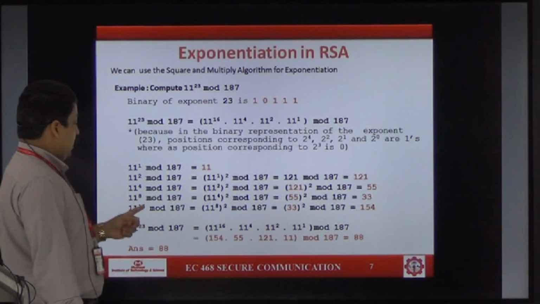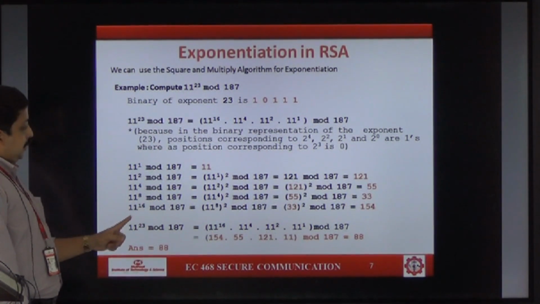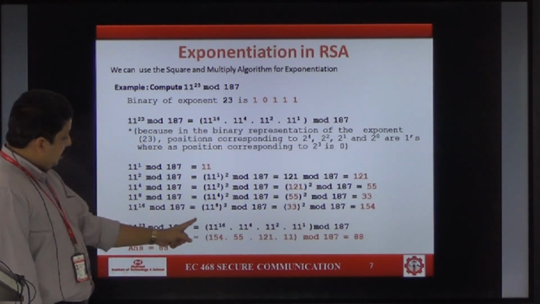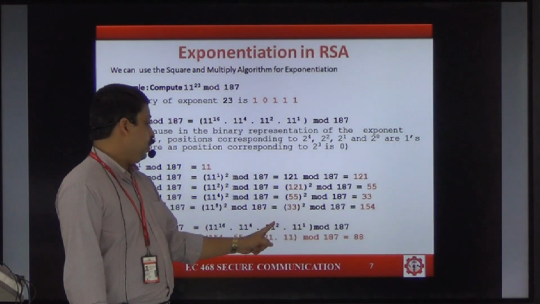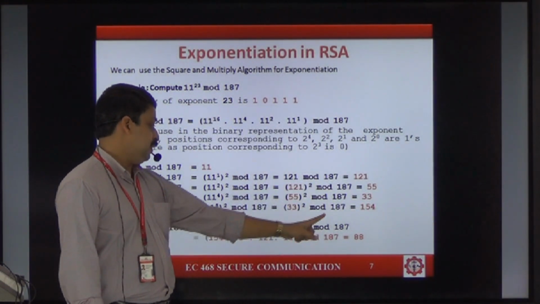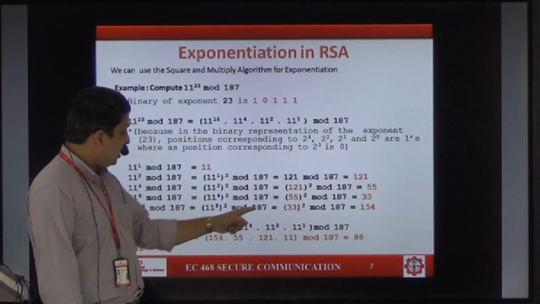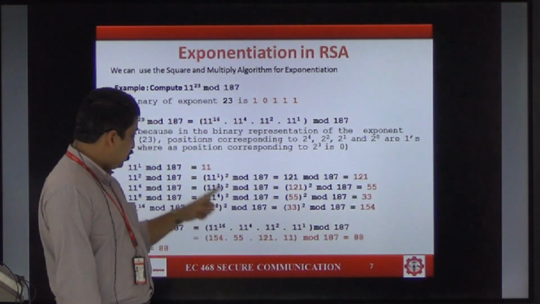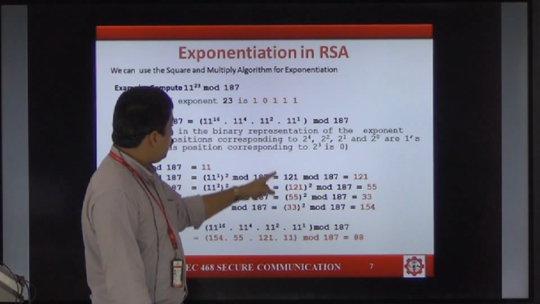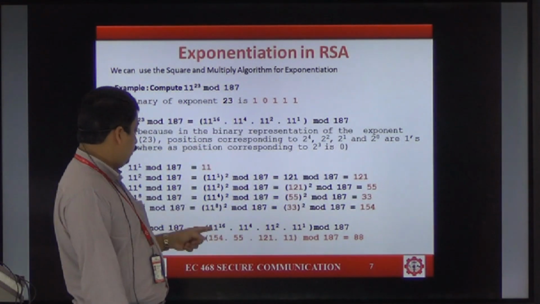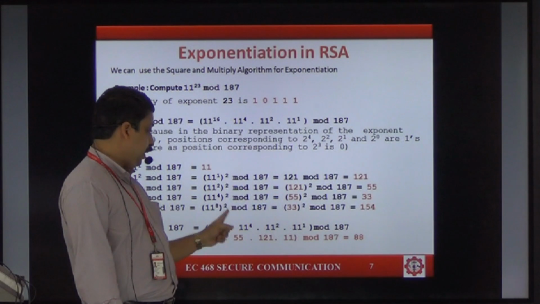So we need to find 11 to the power 23. That is basically 11 to the power 16 into 11 to the power 4 into 11 to the power 2 into 11 raised to 1 mod 187. The value we computed for the first is 154. Now the next term is 55. We are missing 33 because that particular term is 0 here, that is, we don't have a term corresponding to 11 raised to 8.